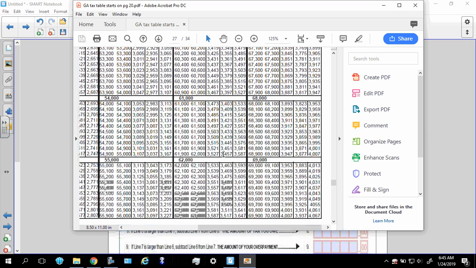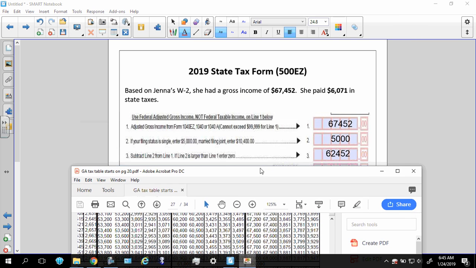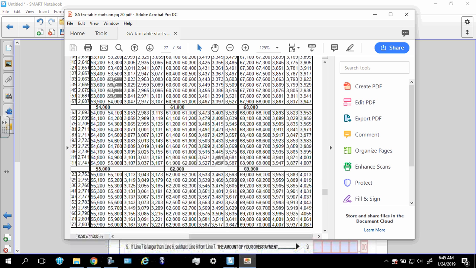62,452. The way that you do this is that you look at the range: 62,000 to 62,100, 100 to 200, 200 to 300, 300 to 400. So 62,452 will be this row right here.